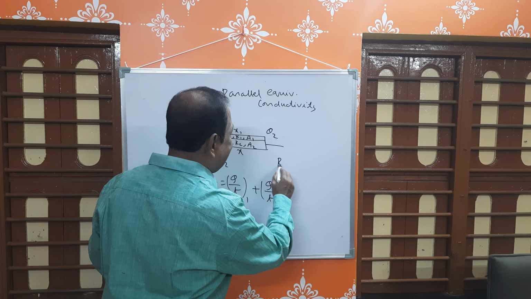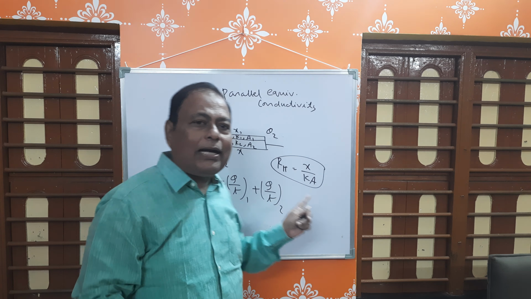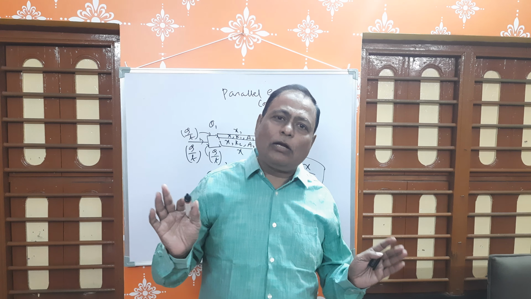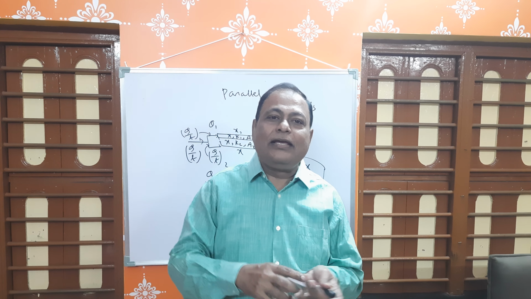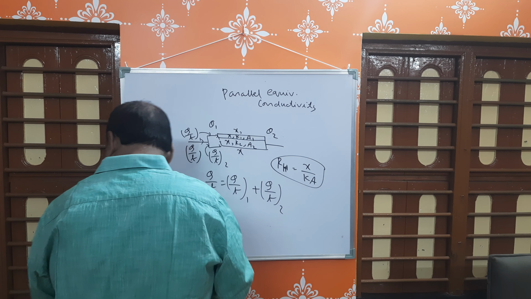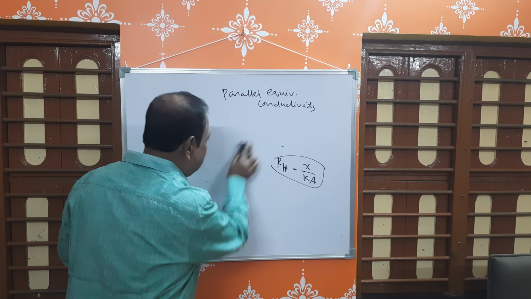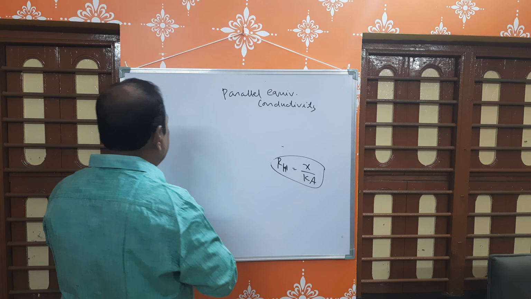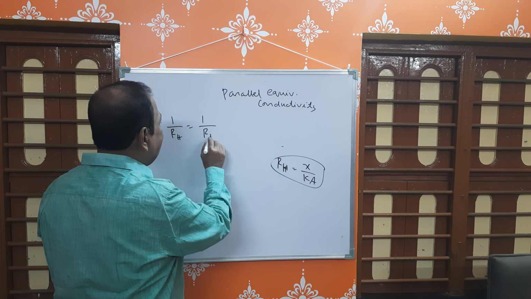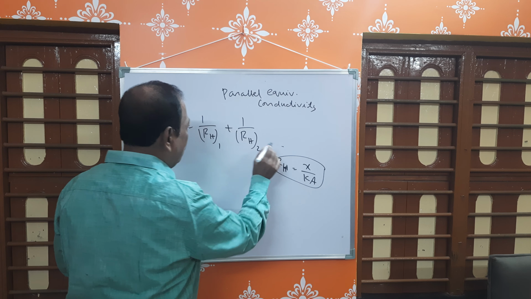And as last time I discussed, the formula for RH is X by Ka. RH is called the thermal resistance. Here the behavior is the same for the parallel combination. For parallel, what do you know? For electricity, 1 by R is equal to 1 by R1 plus 1 by R2. Similarly here we can write 1 by RH is equal to 1 by RH1 plus 1 by RH2.